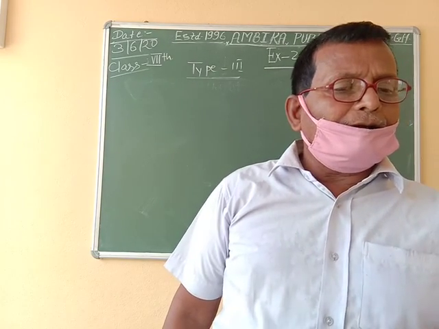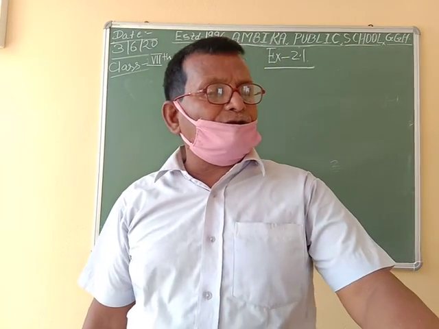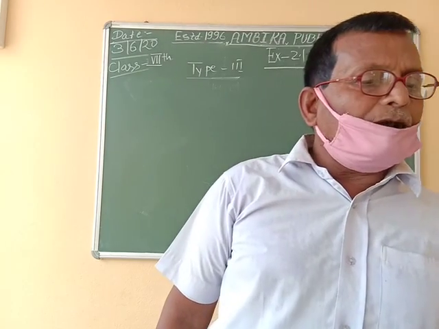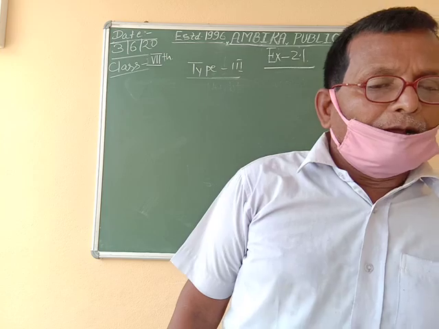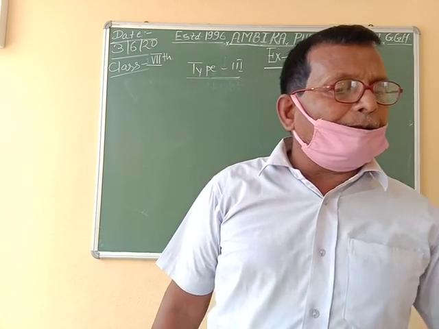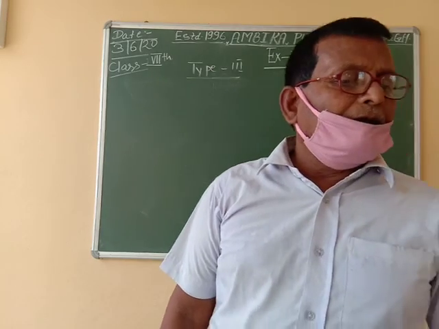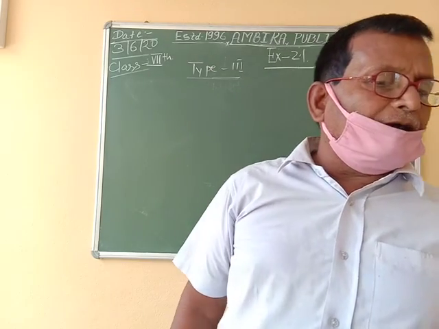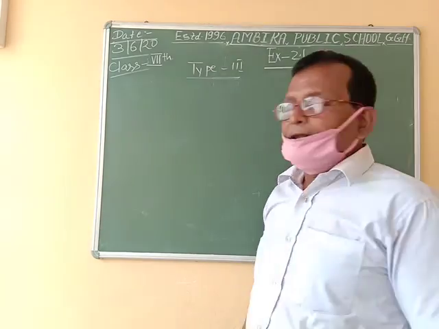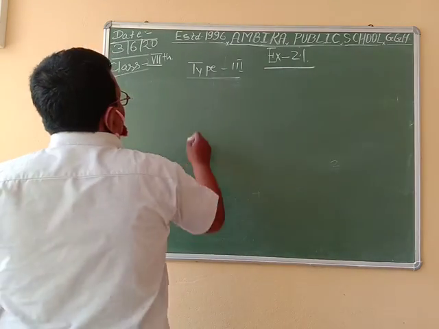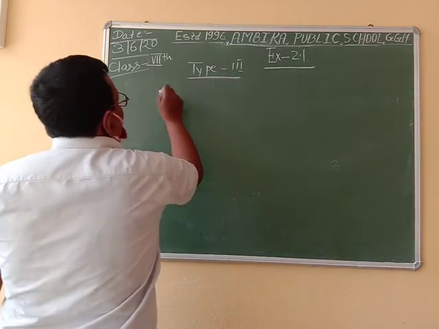A triangle is attached with a rectangle. We have to find the perimeter of triangle ABE, the perimeter of rectangle BCDE, and also we have to find whose perimeter is greater. Question number 6 of type 3.